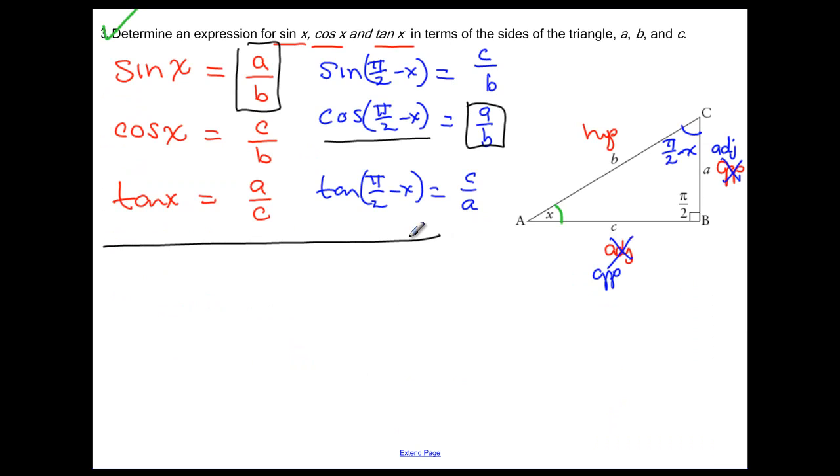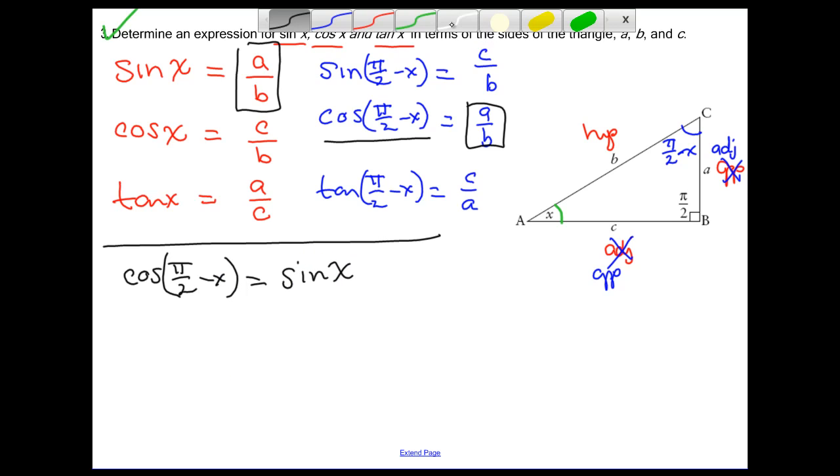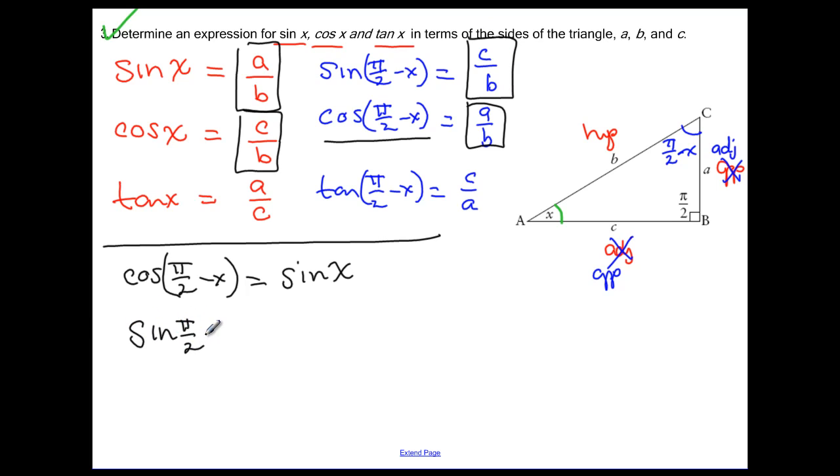So here is our first identity: cos of pi over 2 minus x is equivalent to sine of x. We notice that we have a c over b here, and also a c over b here. So we write the sine of pi over 2 minus x is equal to the cos of x.